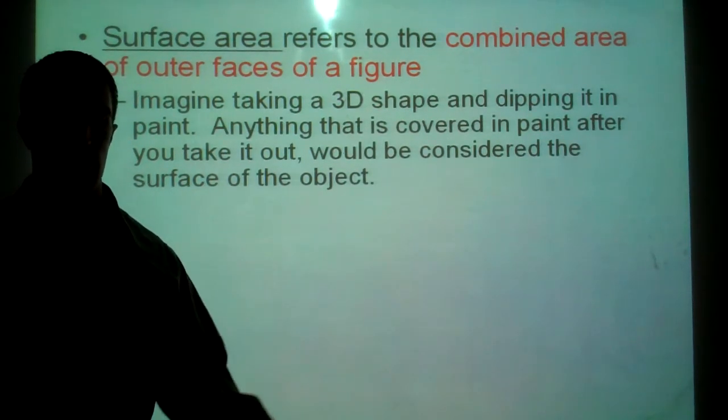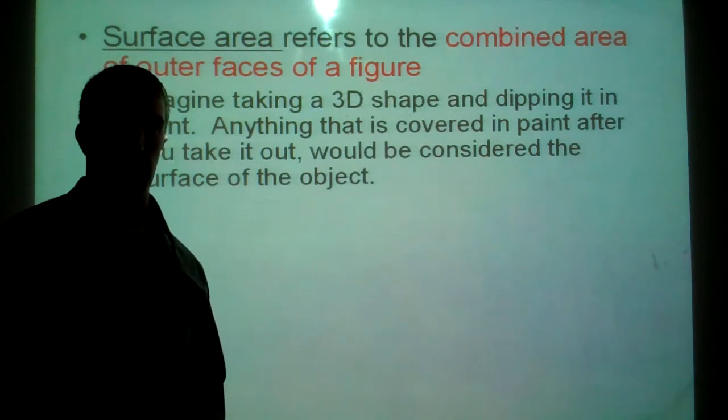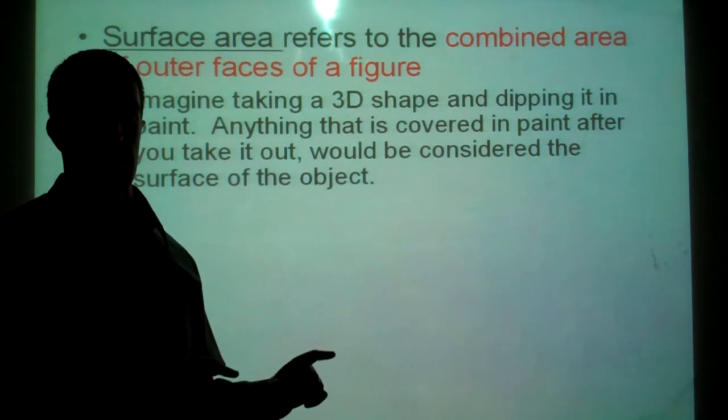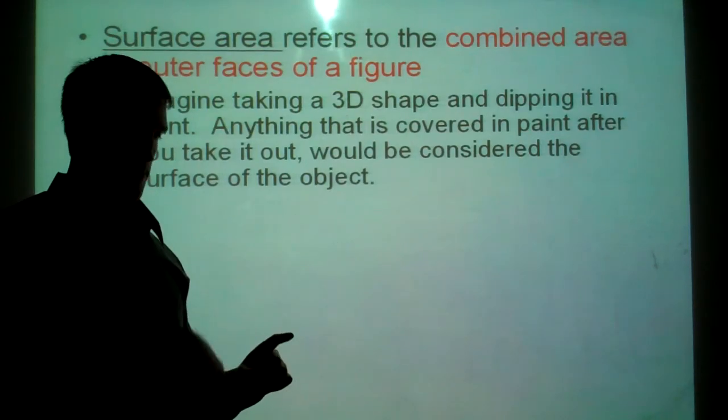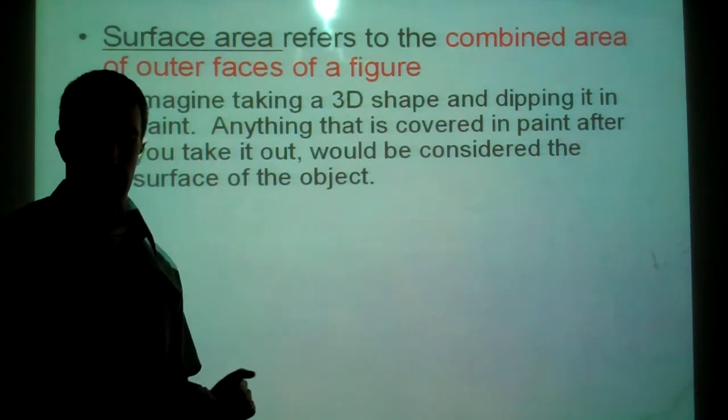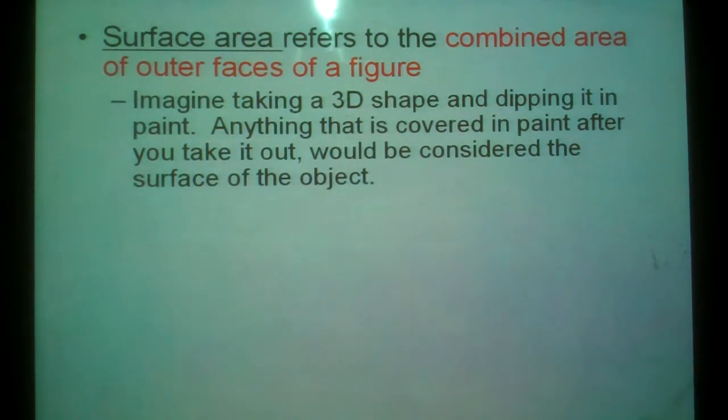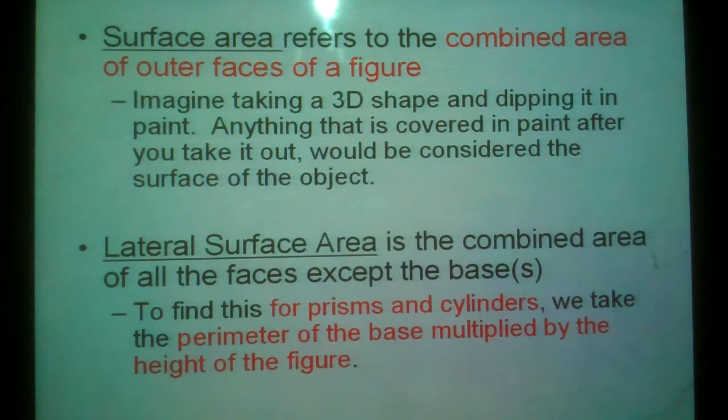So if we had a cylinder and we dipped it in paint, we'd be finding the area of two circles, the top and the bottom, and then the cylinder part around the two bases. And what we call that is the lateral area. So the lateral surface area is the combined area of all the faces except for the base or bases.